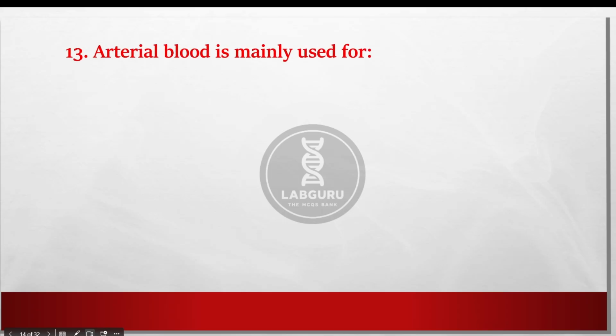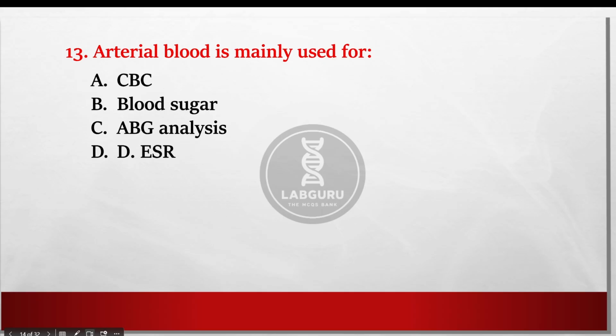Question number 13. Arterial blood is mainly used for. The blood which is taken from the arteries is mainly used for what test? Okay, which test is done by arterial blood? The options are option A CBC, option B blood sugar, option C ABG analysis, and option D is ESR.